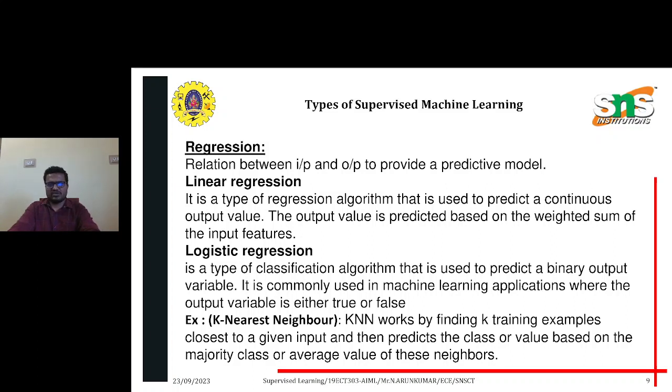Logistic is a two-way operation, either 0 or 1. If it is right, then it outputs 1. If it is wrong, then it outputs 0. Both of these models can be followed by the k nearest neighbor algorithm. The k is nothing but a constant value that can be identified using the nearest neighbor model.